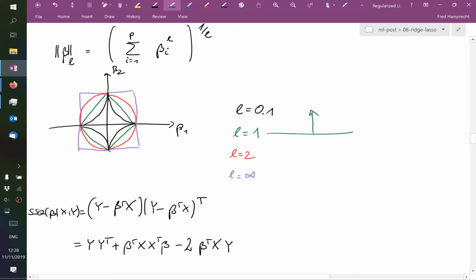For these norms, our optimization problem is non-convex. And for these, the problem is convex. So the Lasso uses the LP norm which is closest to the L0 norm, but still just about convex.